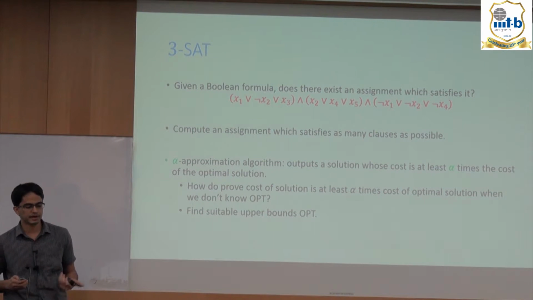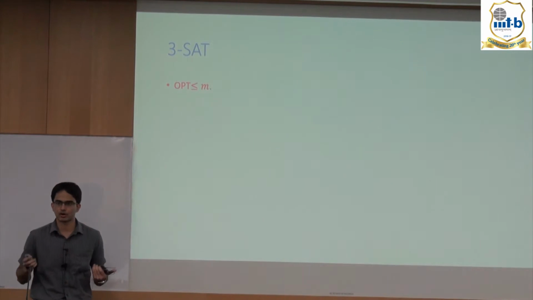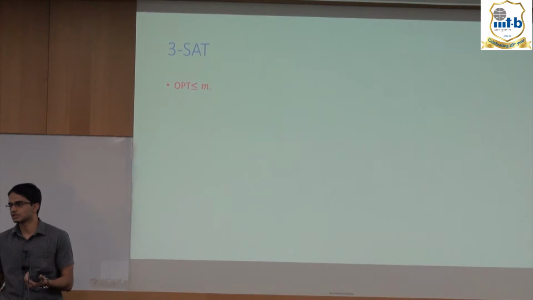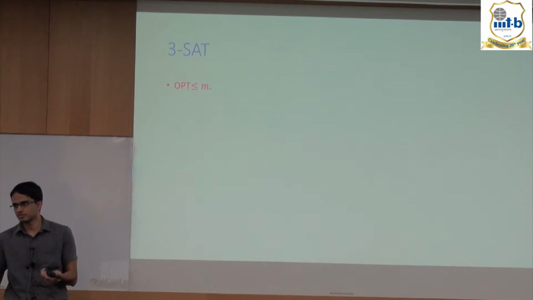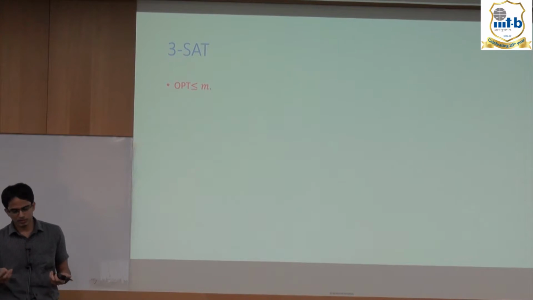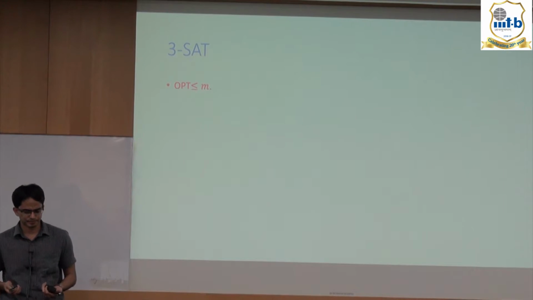For SAT, we have a very trivial bound on the number of clauses. If you have m clauses, clearly the optimal solution is at most m. It's a trivial upper bound. Let's work with this and see how far we can push it.